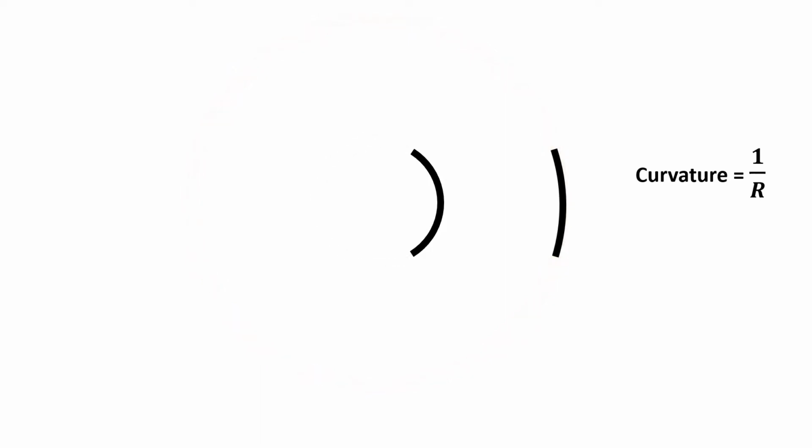Mathematically, the curvature is defined as the inverse of the radius. If we have the curvature of a spherical wave at a given point, we know the location of its center and the length of its radius. That is, we know the point where the wave has started its motion and the distance that the wave has traveled. None of this information is known for a moving particle.